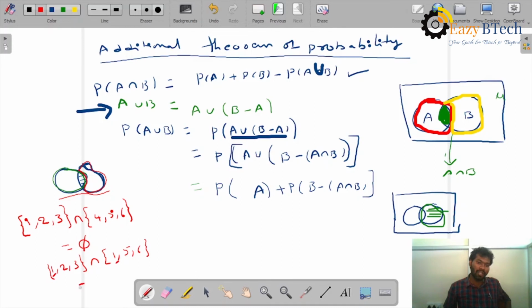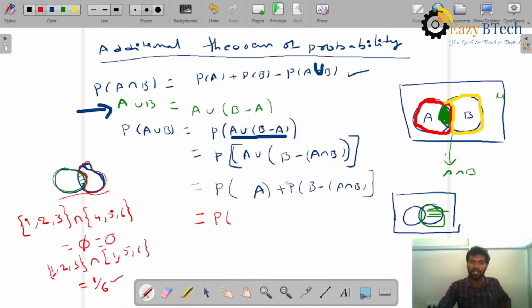One out of 6, so the joint probability is 1 by 6. But in the first case the probability is 0.